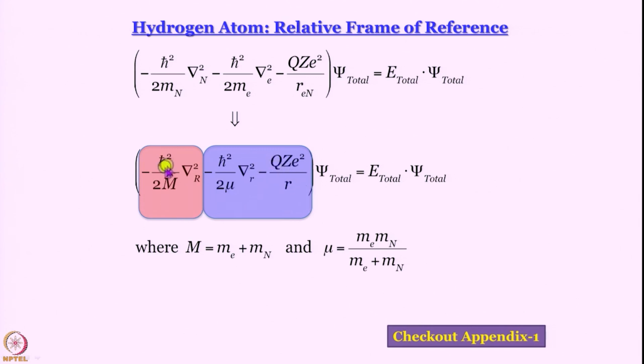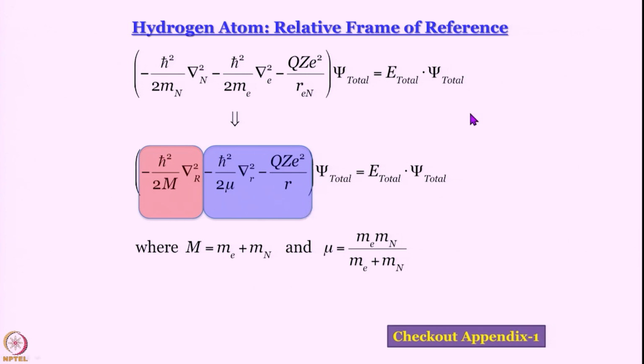What you see here, the first term contains capital M in the denominator, that is total mass, practically the mass of the proton, and this capital R is the coordinate of the center of mass, which is essentially the nucleus. And this second one shaded in blue has the mu, minus h cross square by 2 mu. What is this mu? Practically the mass of the electron, and here you have small r, which talks about the displacement of the electron from the nucleus. So, this is what we get.